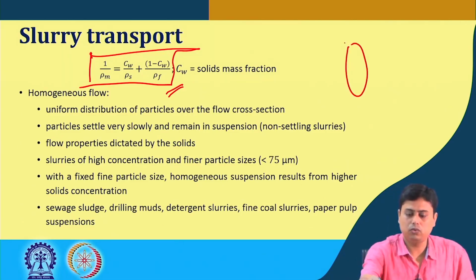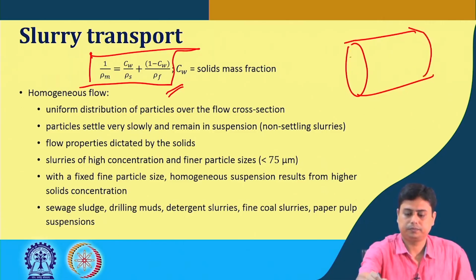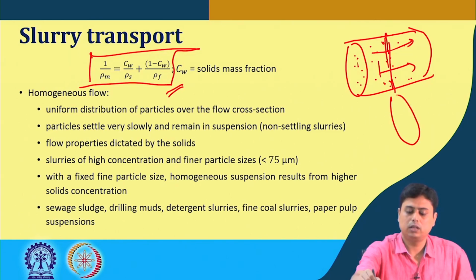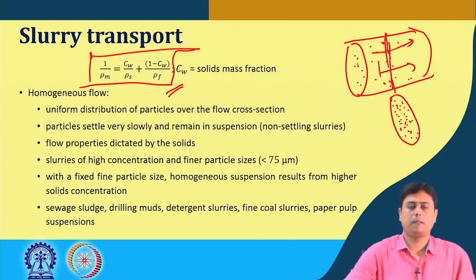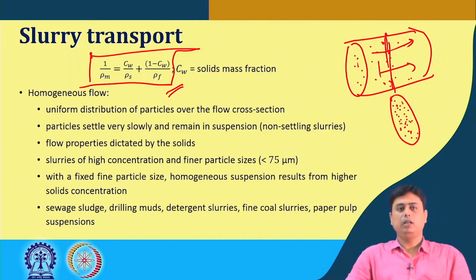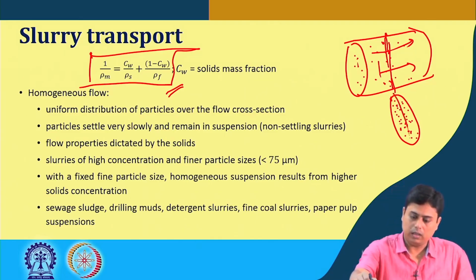So, when it flows through the pipe, containing solid particles while the fluid is flowing, at a certain cross section, for the homogeneous case, there should be a uniform distribution of the particles, or there shouldn't be any concentration gradient in this cross section.